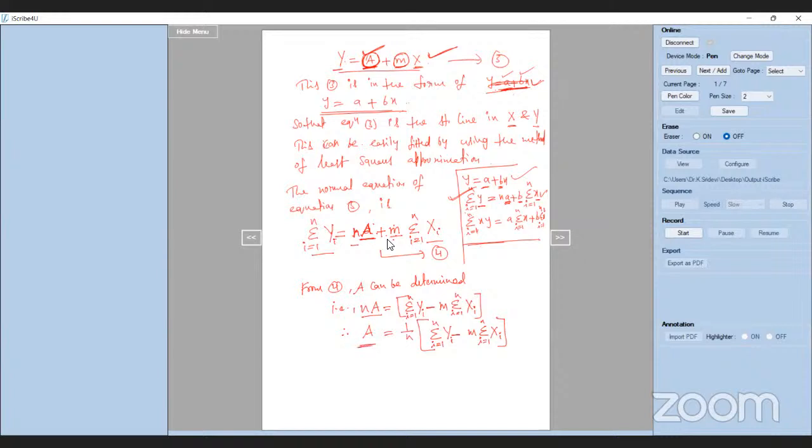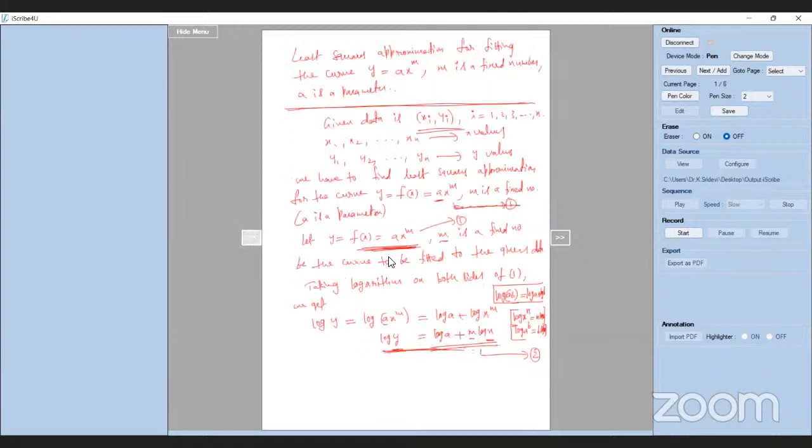So now, what is our form? Y is equal to small a x to the power m. This is capital A. Can we find small a value by using this capital A? Can we find it or not? See the previous page.